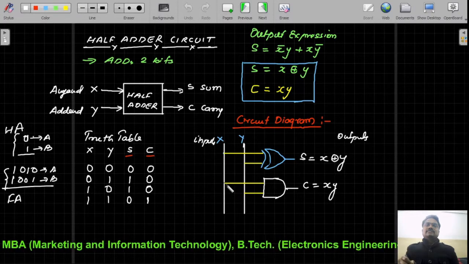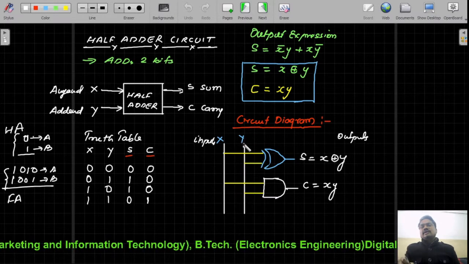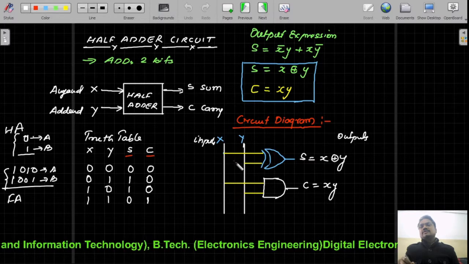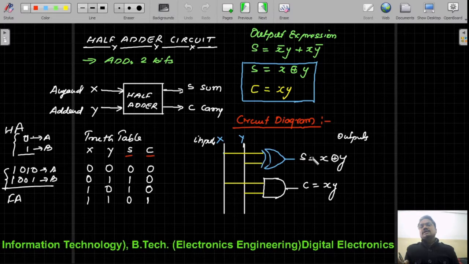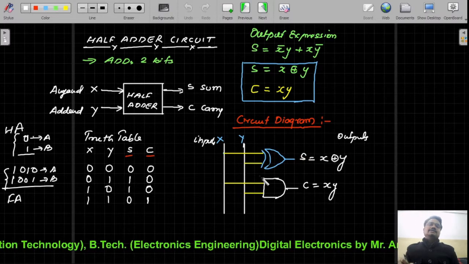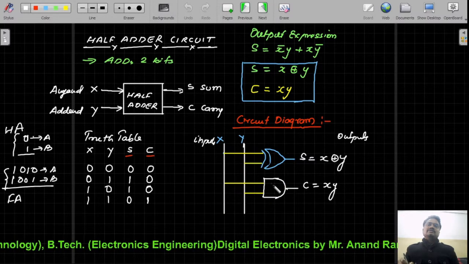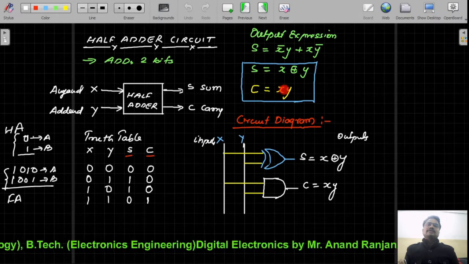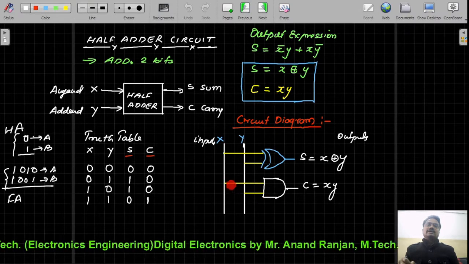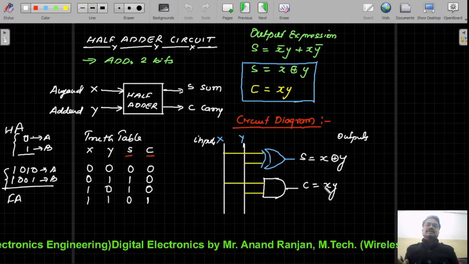These are the inputs x and y, represented vertically here, and we use one XOR gate in which the inputs are taken from x and y, so that the output S is generated, which is x XOR y. And C, which is the carry, can be implemented using one AND gate, because C is equal to xy, only one product term. So we are using a two-input AND gate with inputs x and y.